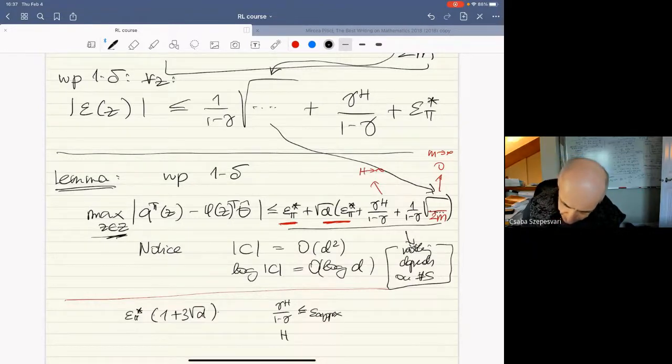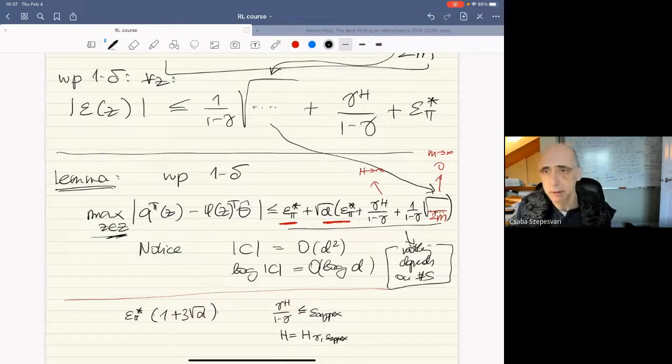That says that h should be the effective horizon with this target, right? So that's just 1 over 1 minus gamma and log 1 over epsilon, the approximation error.